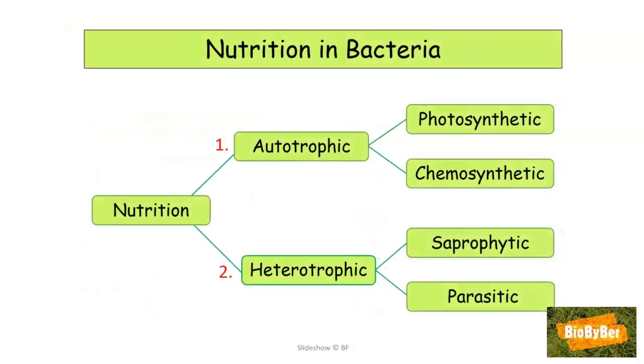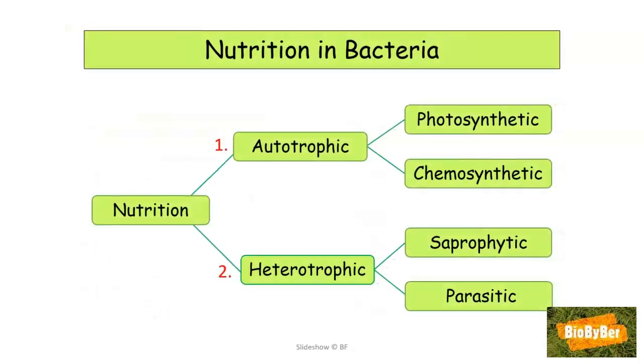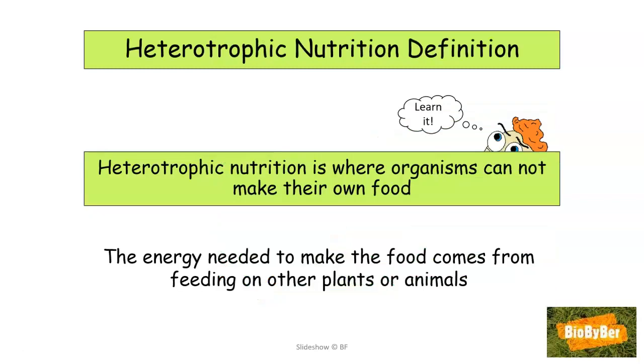Now remember, the other type of nutrition shown by bacteria is heterotrophic nutrition, and there are two subtypes of heterotrophic nutrition: saprophytic nutrition and parasitic nutrition. The word heterotroph comes from the Greek words for other, food. So heterotrophic organisms cannot make their own food, they have to feed on others.